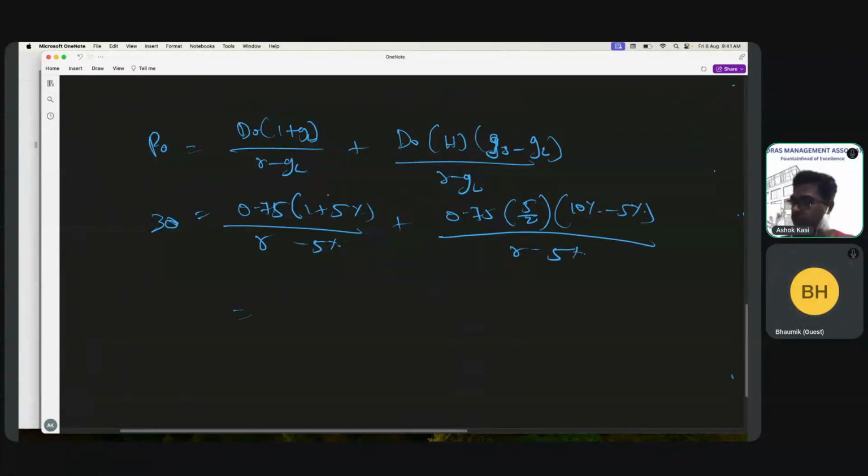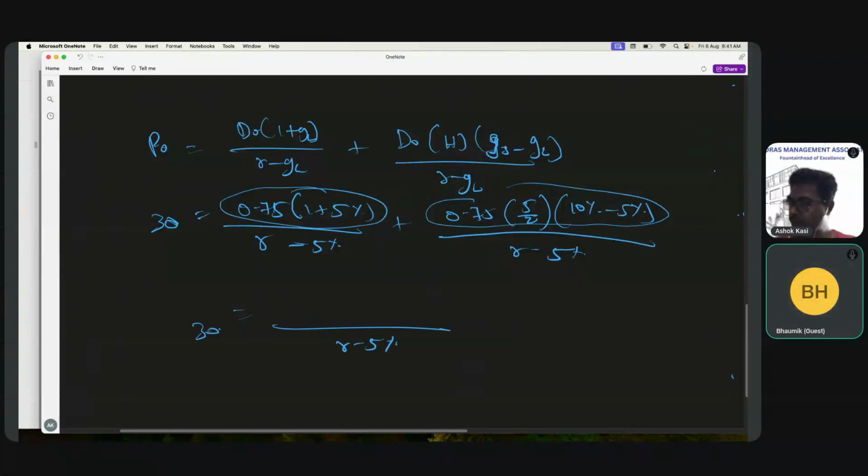You can solve this numerator, then solve the other numerator. You can take the LCM so both will have a common denominator. Now add up all the same terms, then it will become easier.